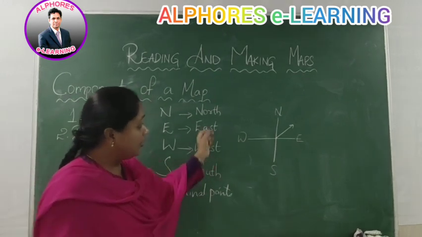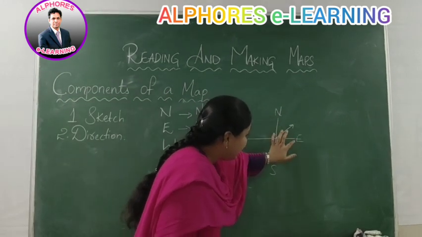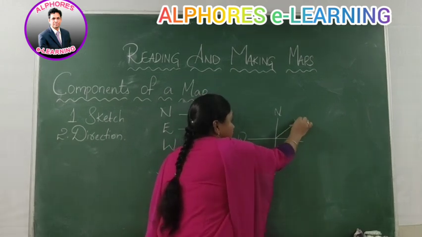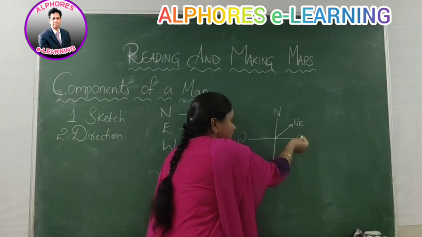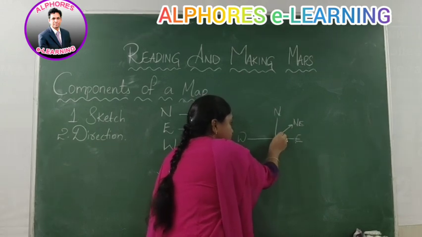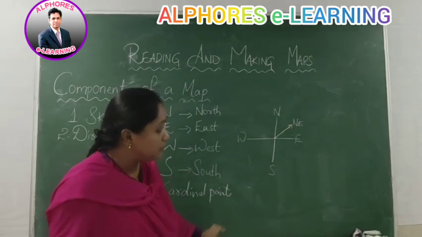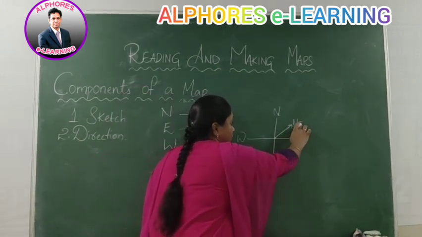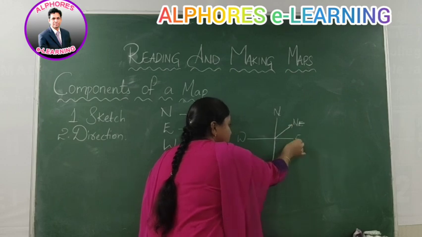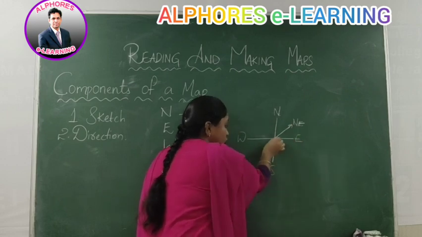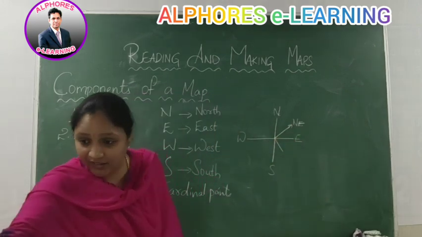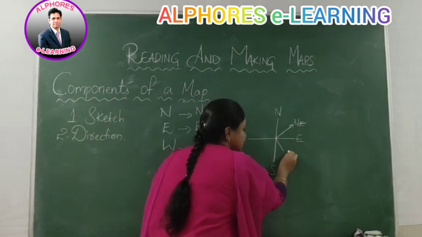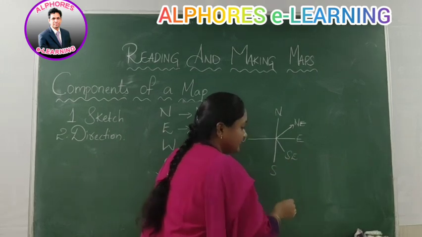And in between the north and east, the middle direction is northeast. The north and east, by joining together, we find the other direction in between these two, that is northeast, right? Obviously, in between east and south, you find a direction called, anyone can tell me over here? Very good, that is southeast.